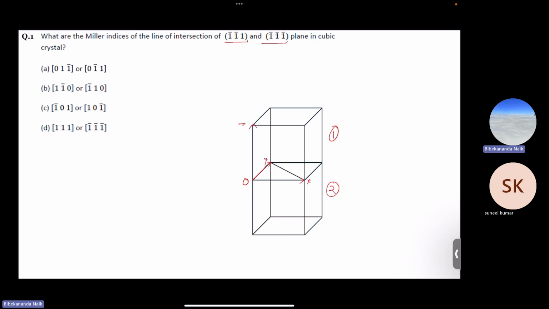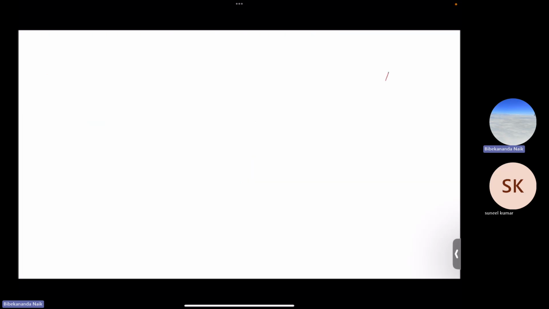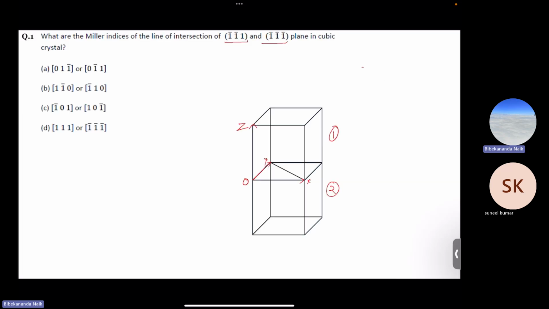But if we want to draw the planes (-1, -1, 1) and (-1, -1, -1), it will be difficult if we don't change the origin. So for our convenience, we will shift the origin.